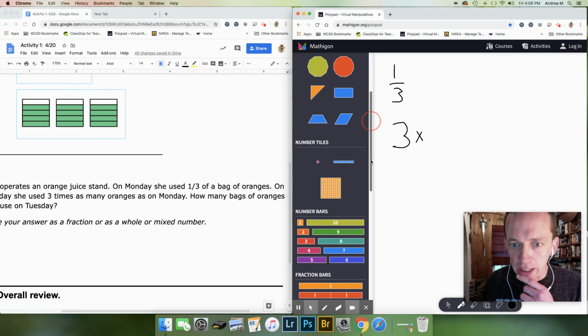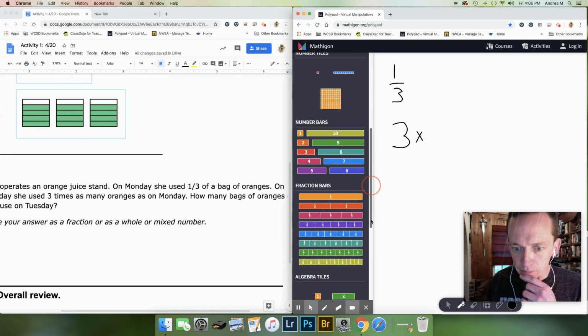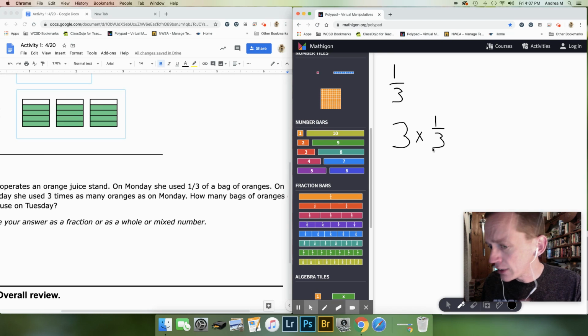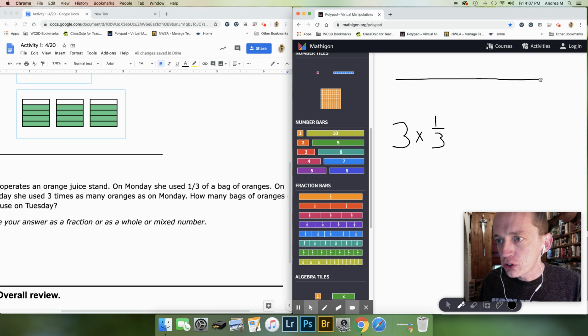All right, let's take a look at how we can model this. I want to model this like what we did with a number line. This is what she used on Monday, 1/3 of a bag. She didn't use a whole bag. On Tuesday, though, she used 3 times as many. So thinking of this as our number line, I want to draw it. 0 all the way down here, and 1 or 3/3 over here.